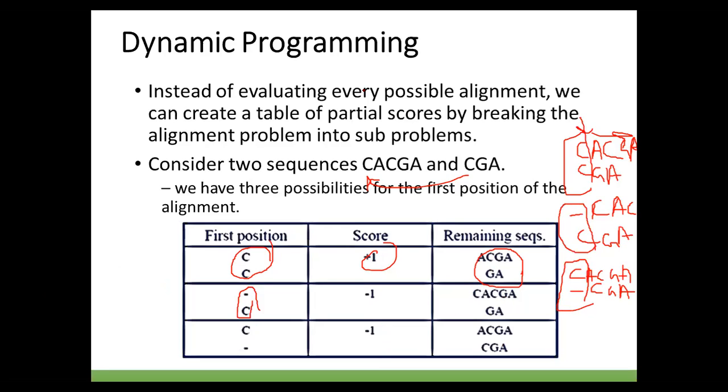So in dynamic programming, these kinds of possibilities are considered and the scores are calculated, and looking at the additivity of an alignment, they are added. So that's what is done in dynamic programming of sequence alignment.